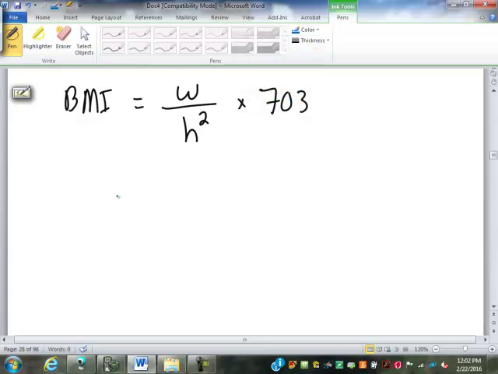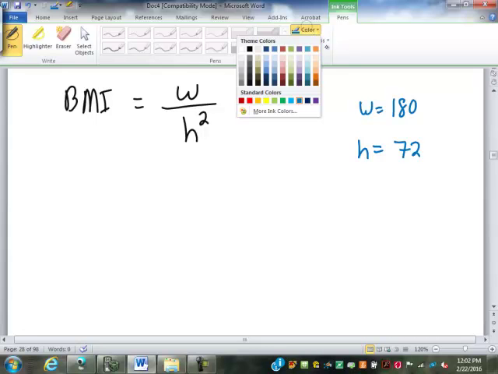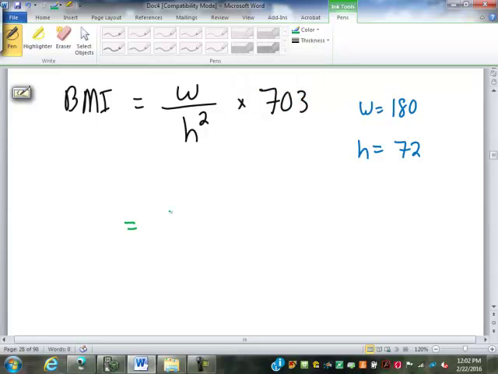So let's say we have a person who weighs 180 pounds and is 6 foot tall, so 72 inches. Let's find their BMI. Well, W is 180. H is going to be 72, so that'll be 72 squared times 703.